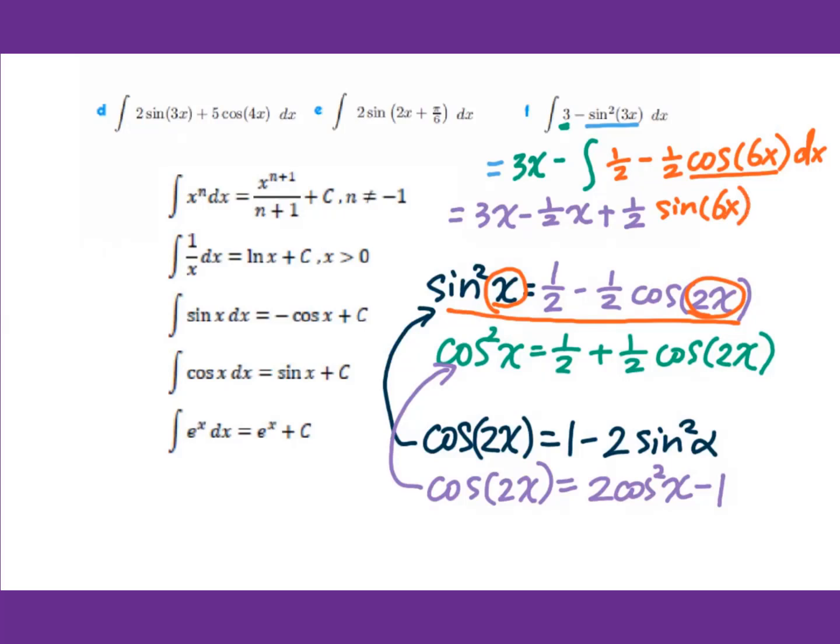Don't forget you multiply by 1/a, that's 1/6, then plus c. So you organize, you will get 5/2 x plus sine 6x over 12 plus c.